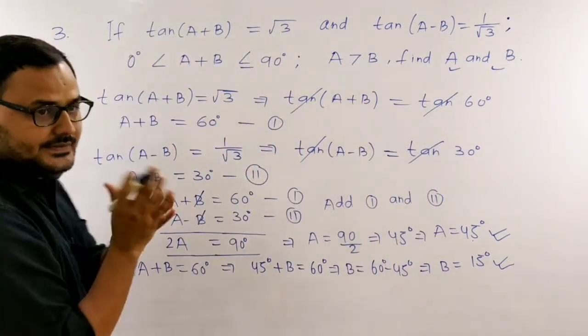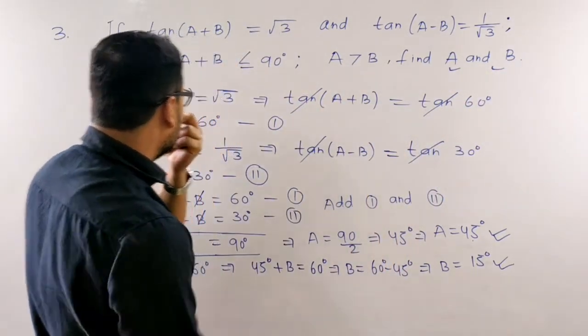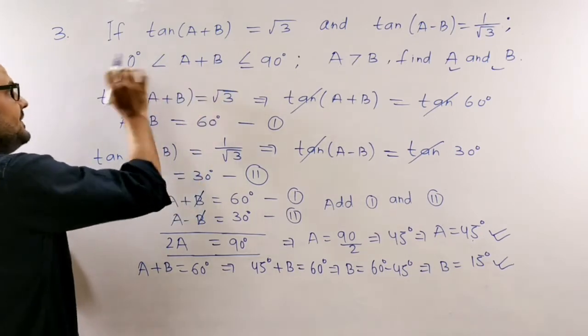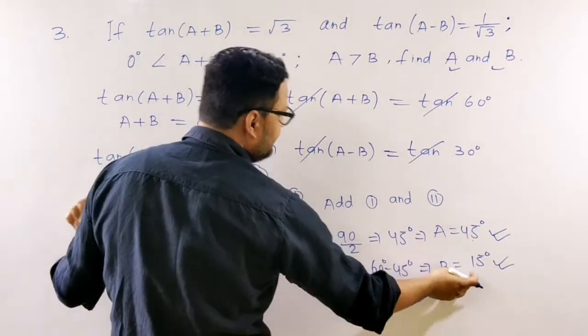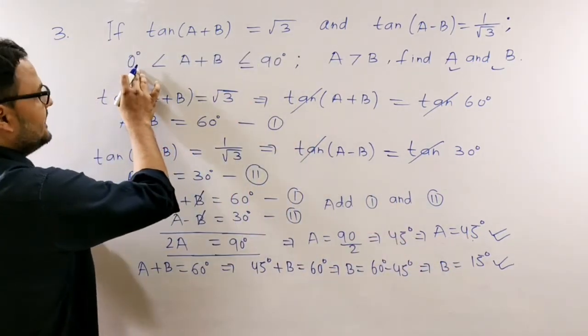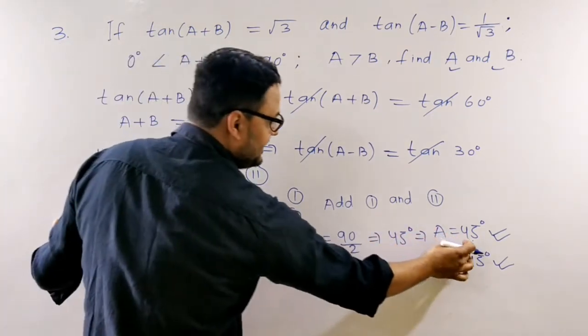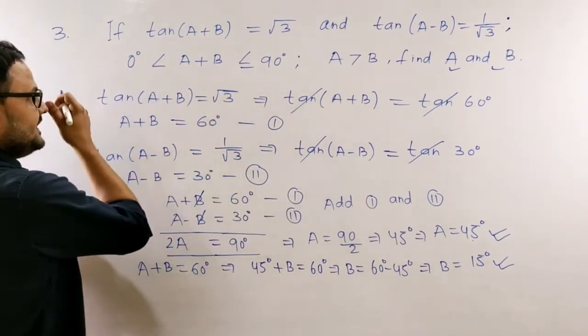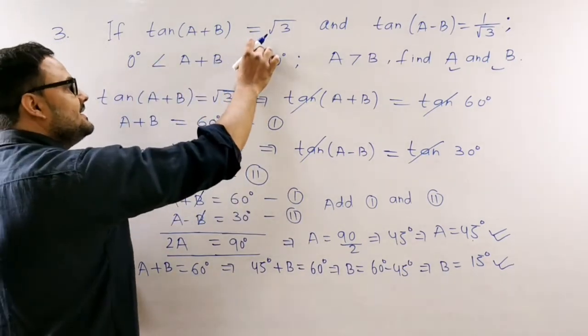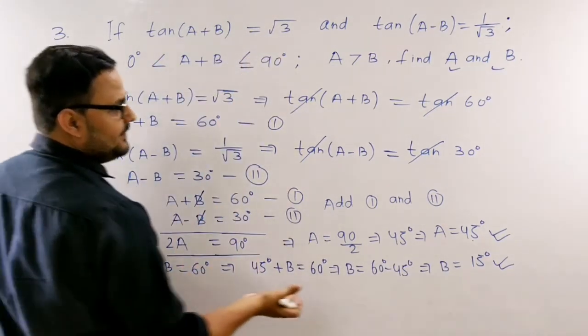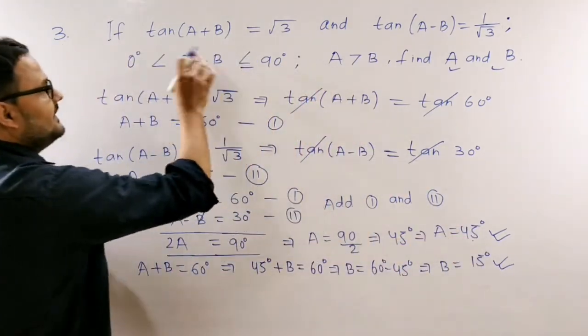Now I told you in the starting not to worry about this one. Now look, A plus B should be more than 0. So A plus B equals 60, that is more than 0, and A plus B is less than or equal to 90, so 60 is less than 90.